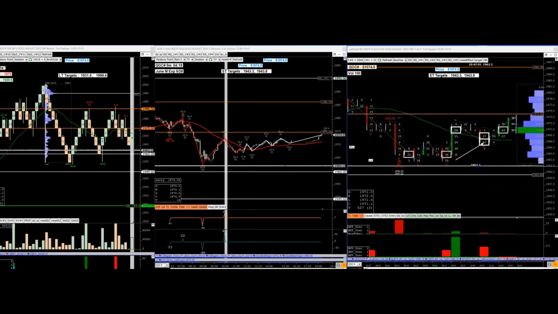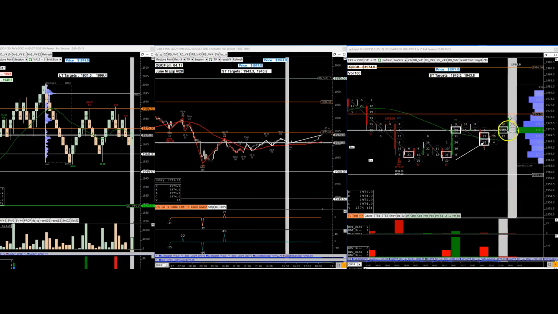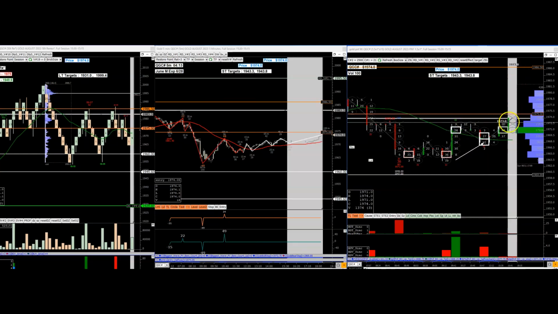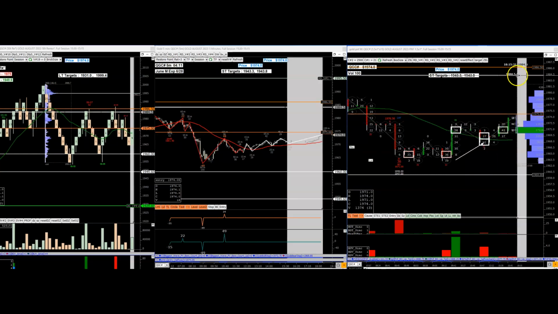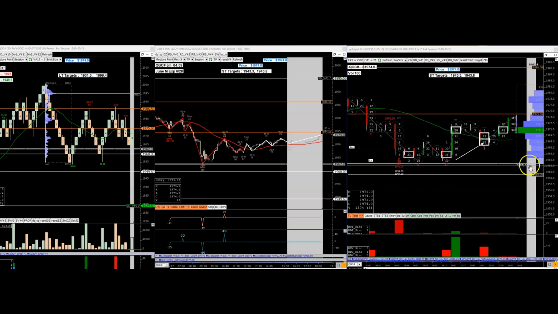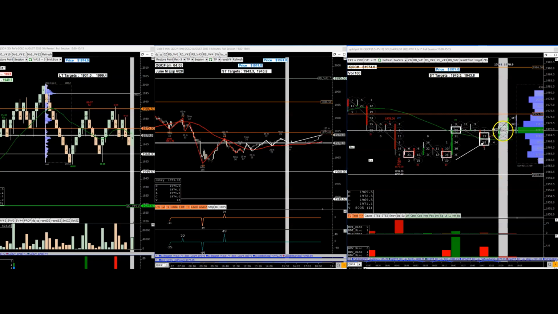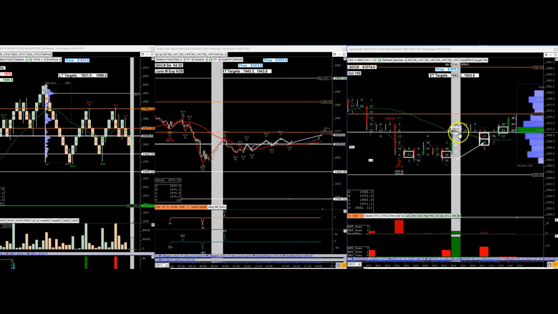Now, what's interesting to me is this line. This line of support, after this base gets taken out. Wait for the base to be taken out. Then I'll know for sure this is a line of support. Why is it important? 17,110 contracts traded at around the 1971 price.